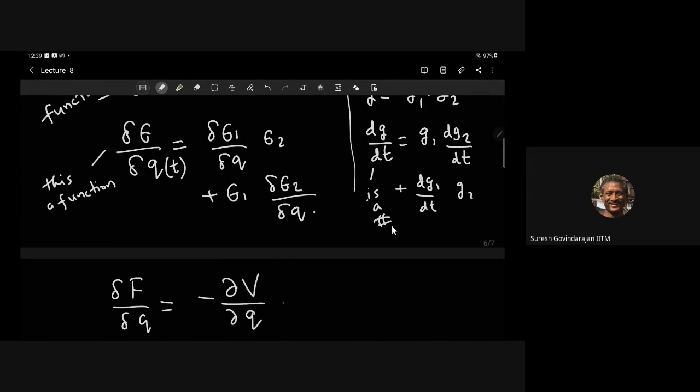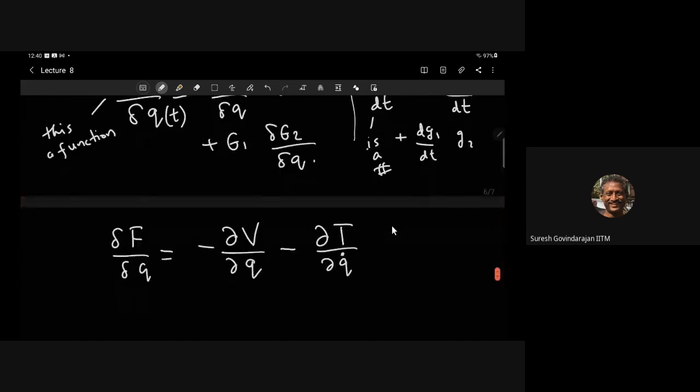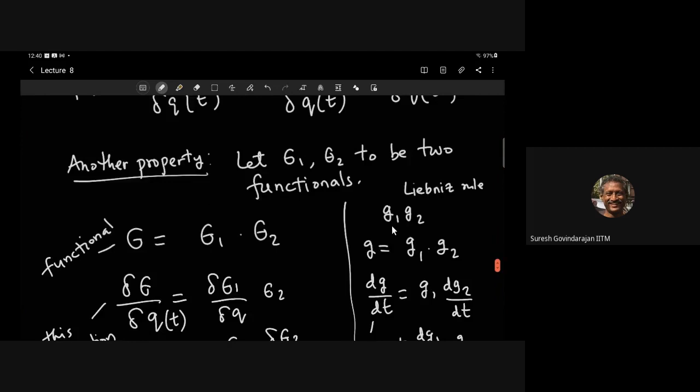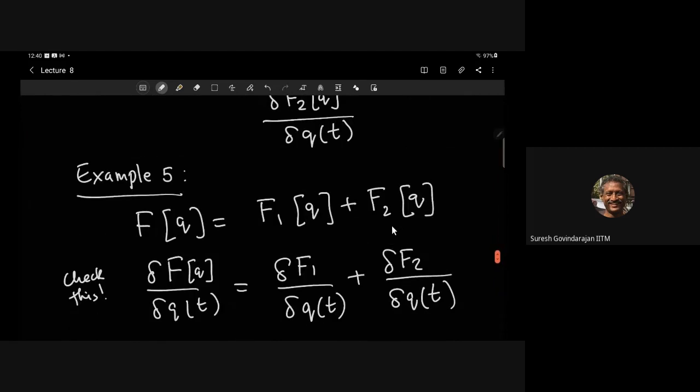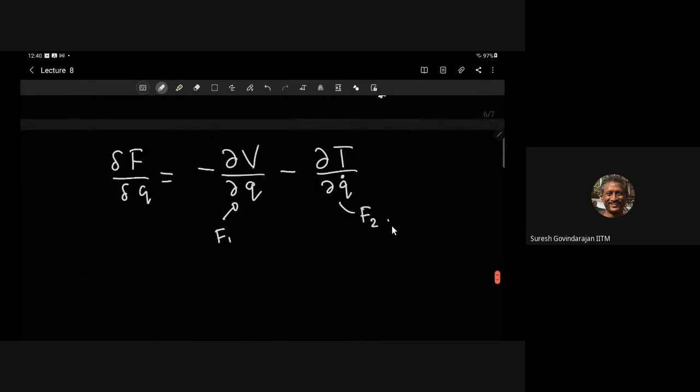And the other one gave us minus something, so this came from F1 and this came from F2, just using this property. So this is the answer.